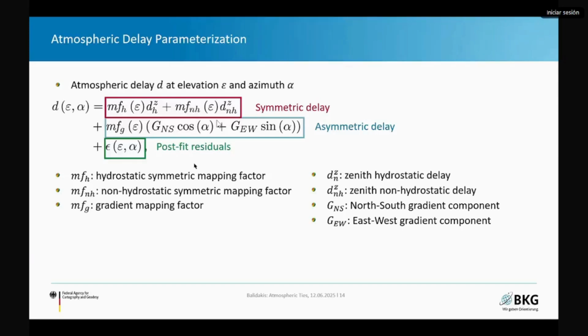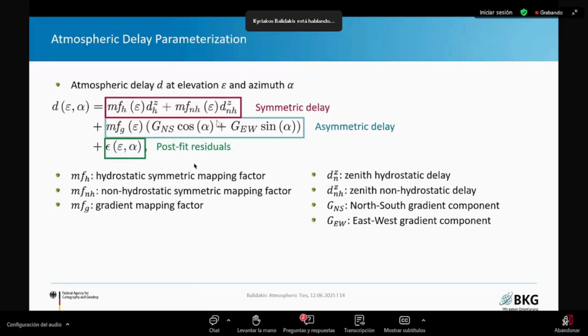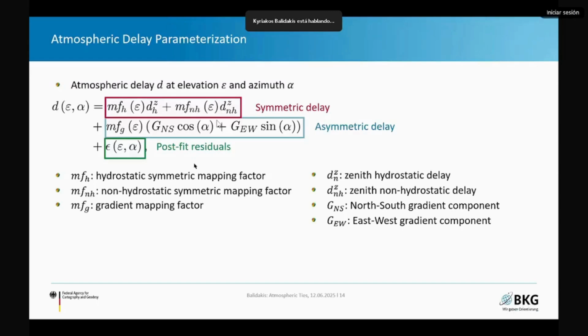Okay, so aside from the need for SINEX files containing atmospheric parameters, what do you think should be done, or what infrastructure is necessary to implement to improve or increase data to determine atmospheric ties? Well, for atmospheric ties, the main component is the height difference.